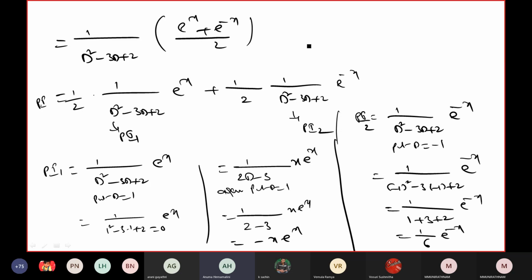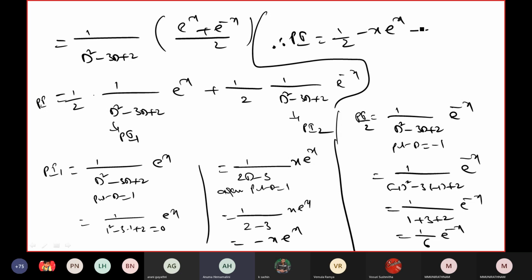So therefore, pi equal to 1 by 2 minus x e power x plus 1 by 2, 1 by 6 e power minus x.